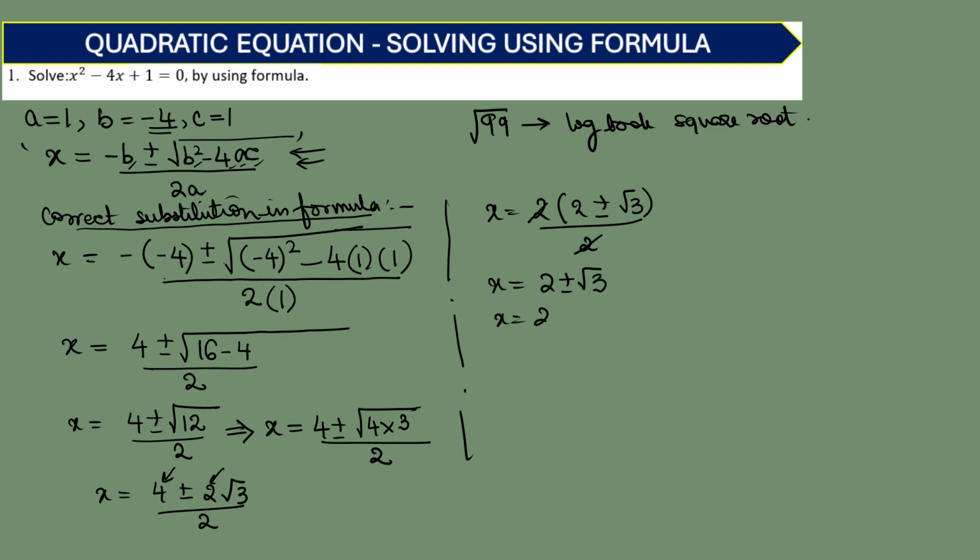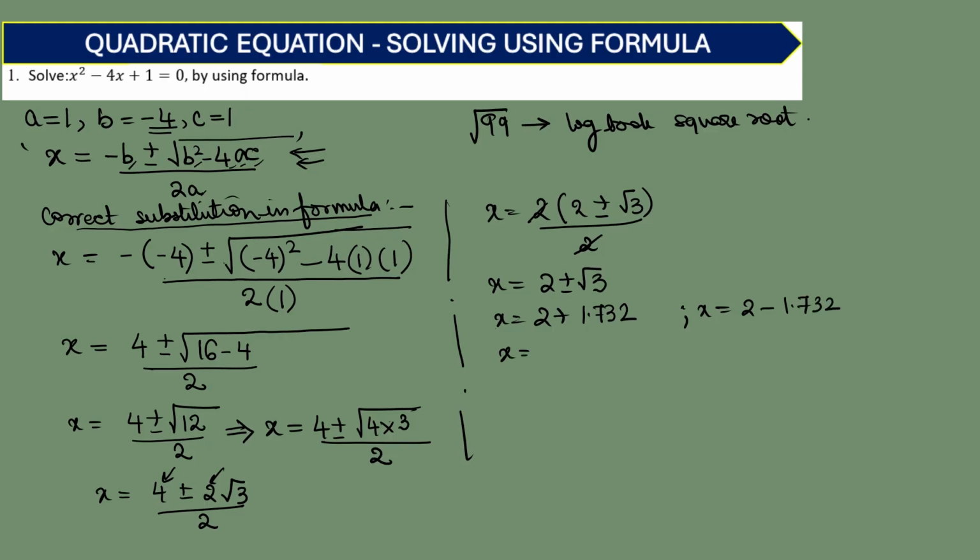So x is equal to 2 plus, what is the value of root 3? Root 3 is 1.732. So x can be 2 plus 1.732 or x can be 2 minus 1.732. So what are the values?